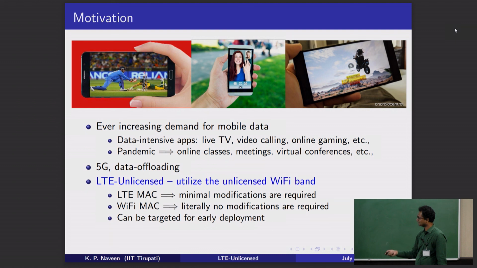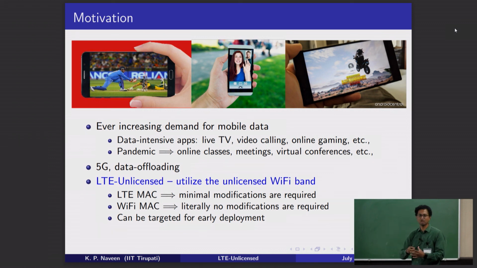What it says is, why not allow the cellular operators to use the existing unlicensed band. Wi-Fi operates in something known as the unlicensed band; you need not pay for that band. In contrast, for a licensed band you have to pay and get a license.